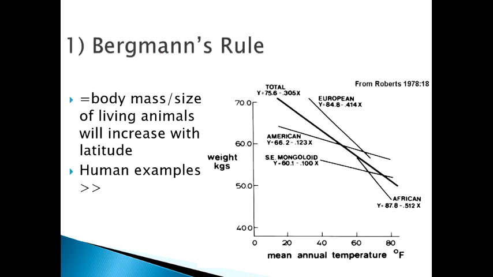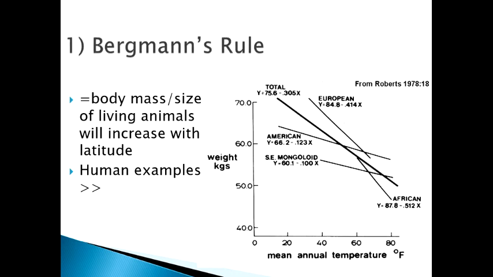So first of all, here's the one that usually starts our study of this. Body size, mass, increases with latitude. So animals get bigger the farther north or south one gets away from the equator. And this diagram here even shows this works with humans.